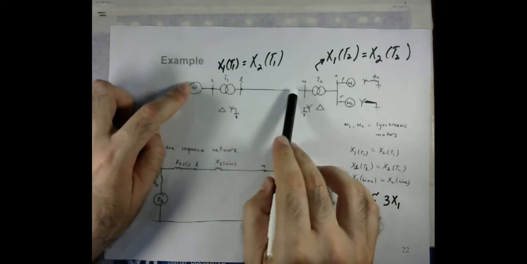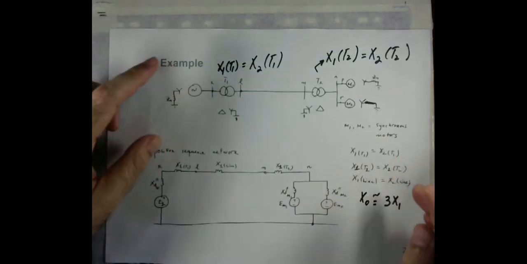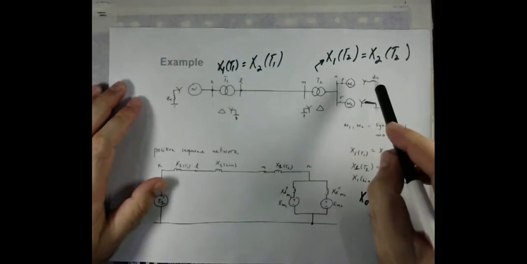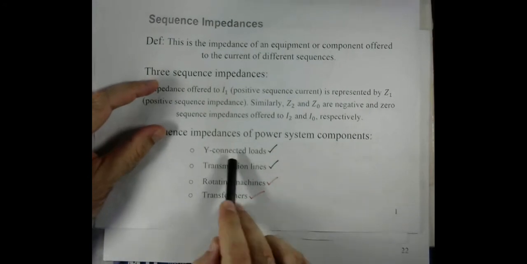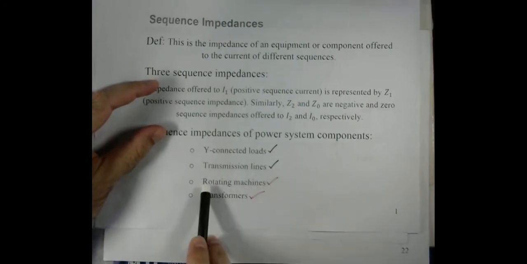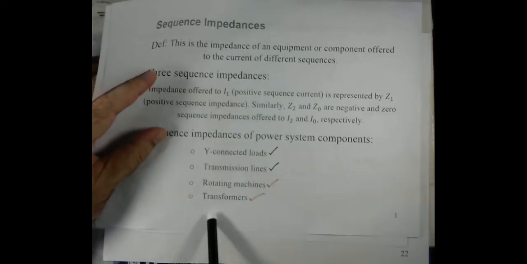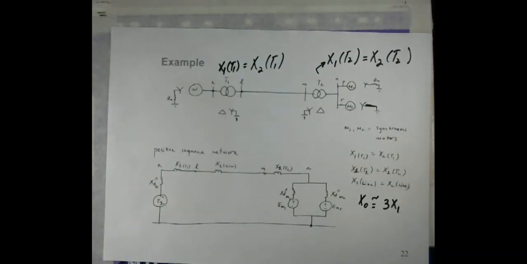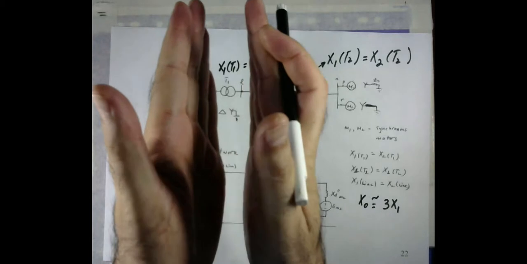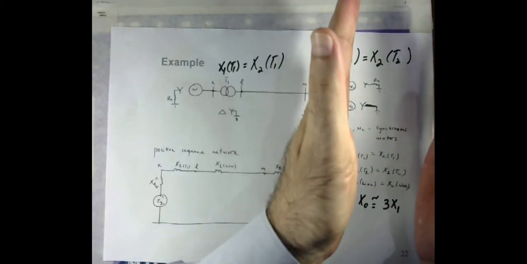Now, as we have discussed individually the sequence impedances or sequence networks of the generator, transformer, transmission line, and also loads, Y connected loads, rotating machines, and transformers, we have all these components in this particular network: a generator, transformers, transmission lines, and loads.